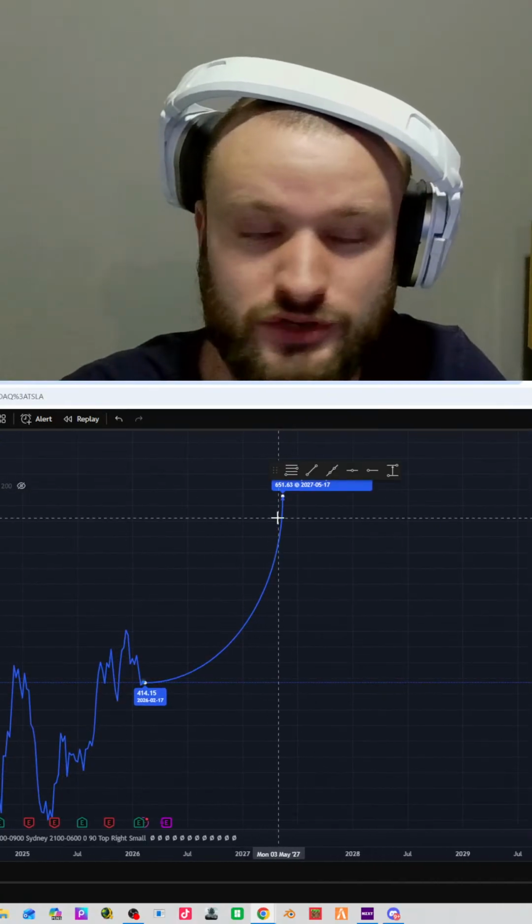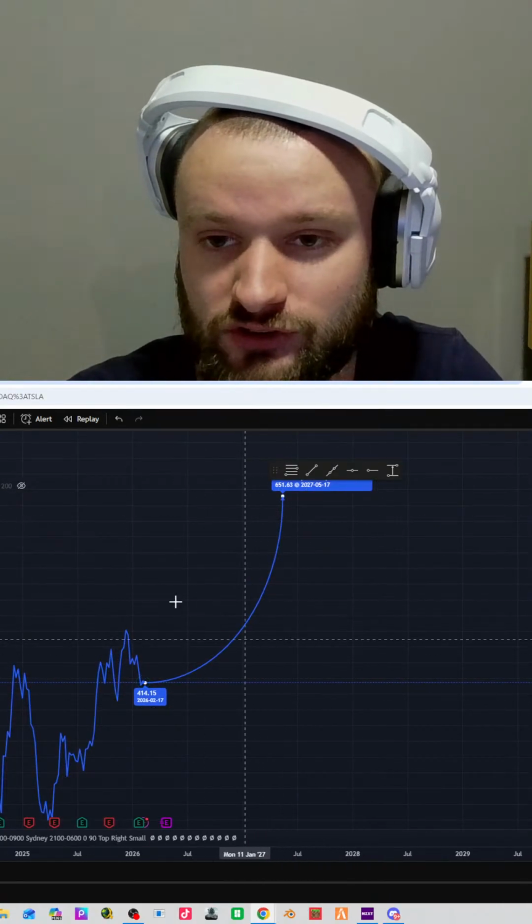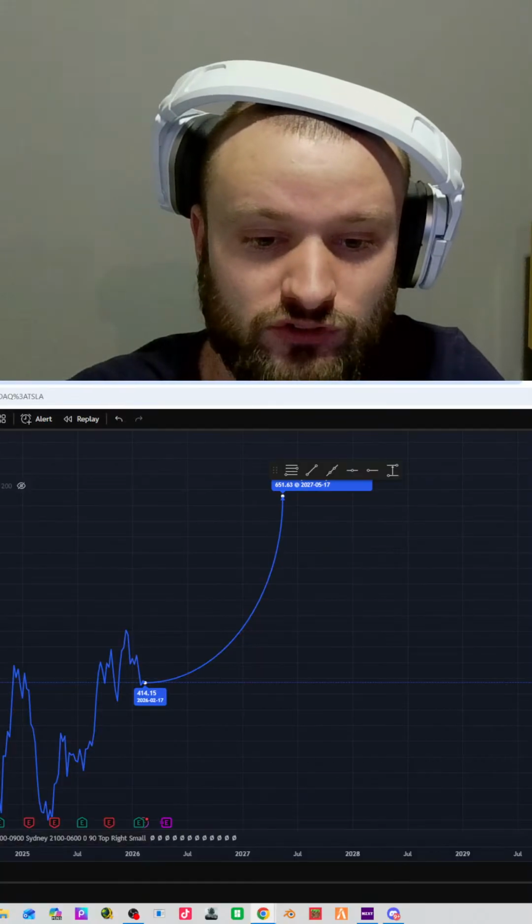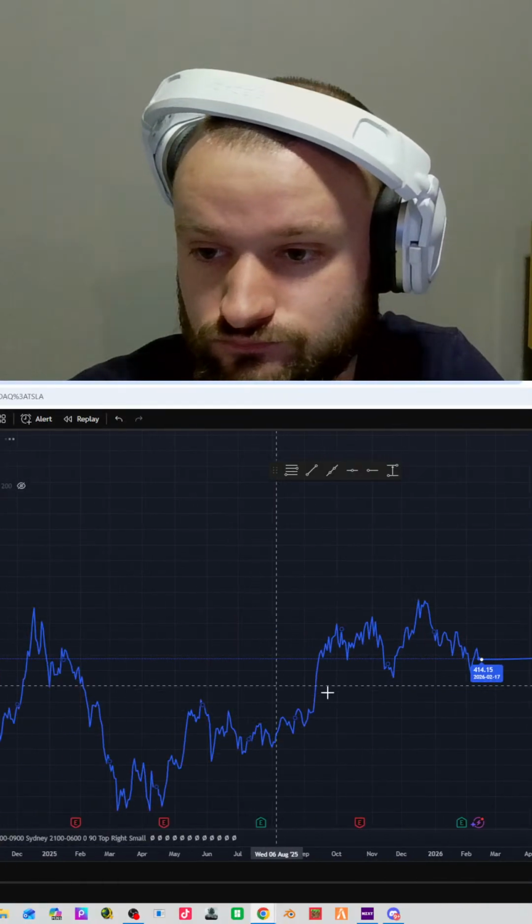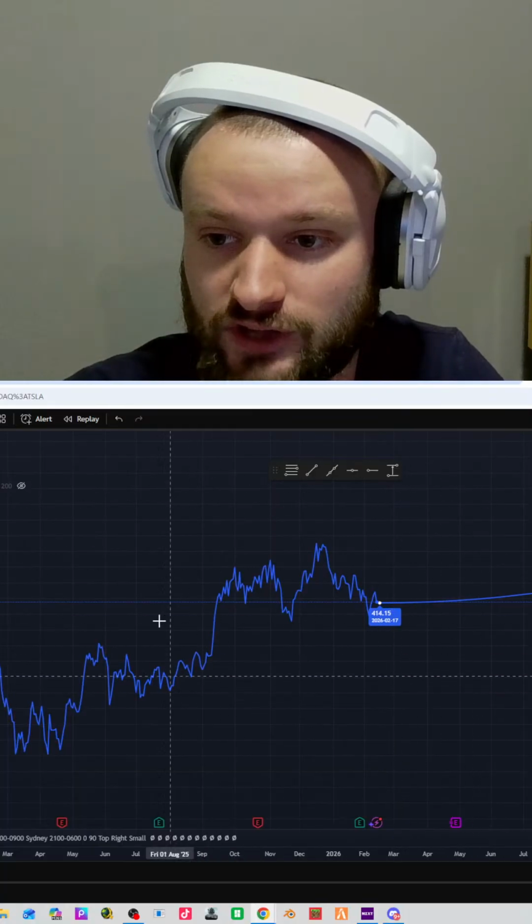I know it's an extreme measure, but that's gonna be my prediction here. Let's go to the day chart and see what's going on. Looks like some consolidation action going on over here.